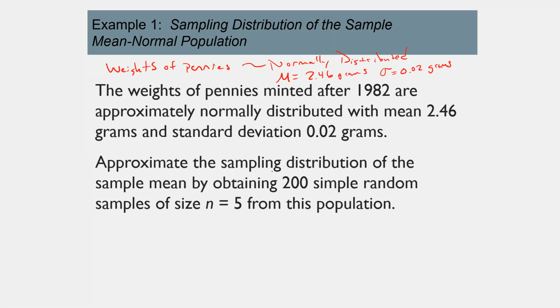So here's what I want to do. I want to approximate what we call the sampling distribution of the sample mean, which is X bar, by obtaining 200 simple random samples of size n equals 5 from this population. So what does all of this mean? What I'm going to do is sample 5 pennies.